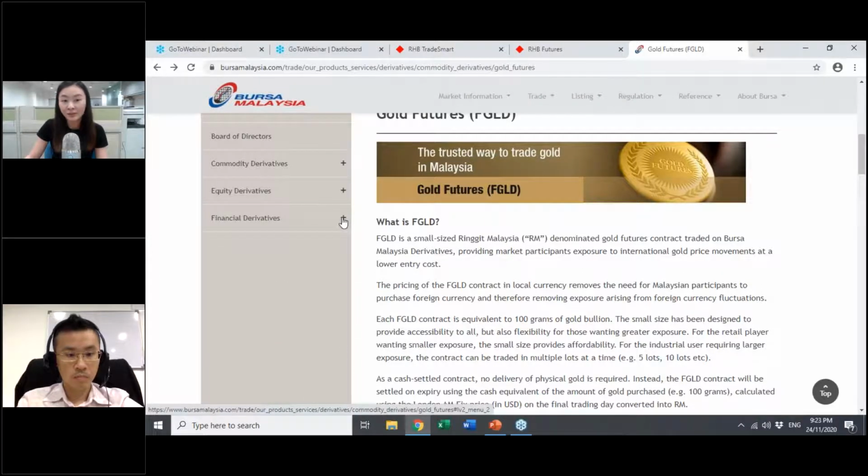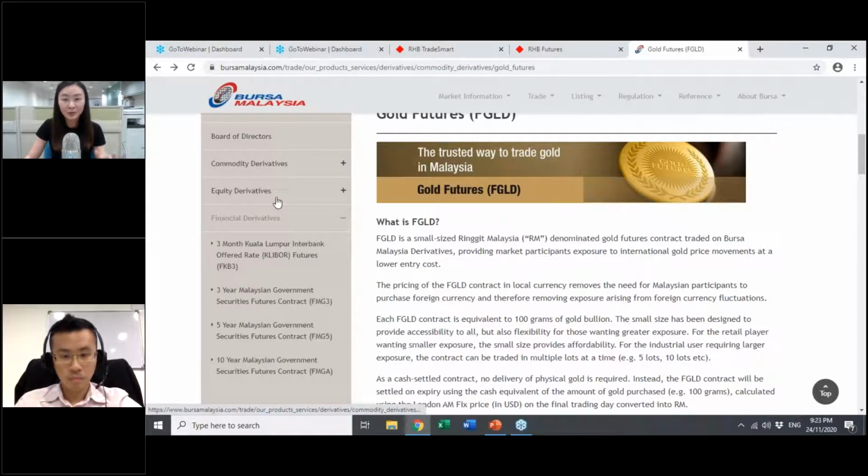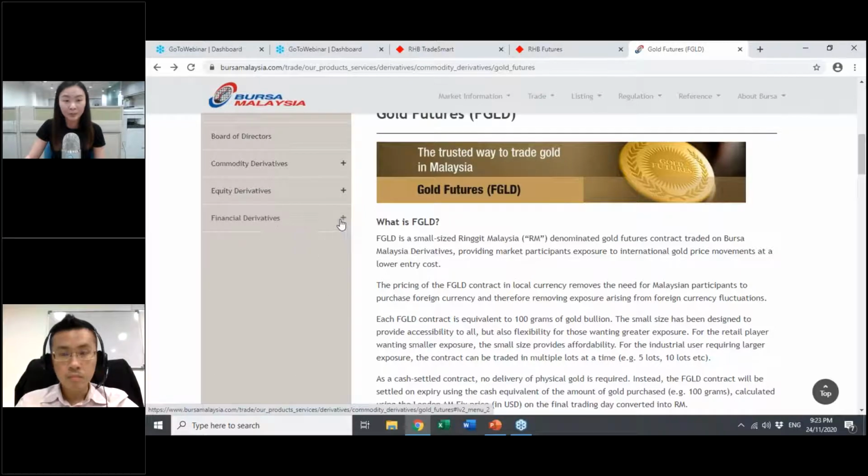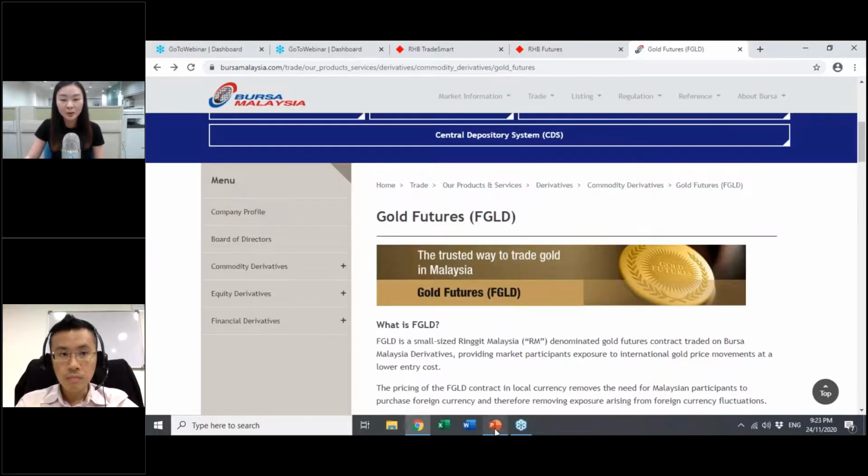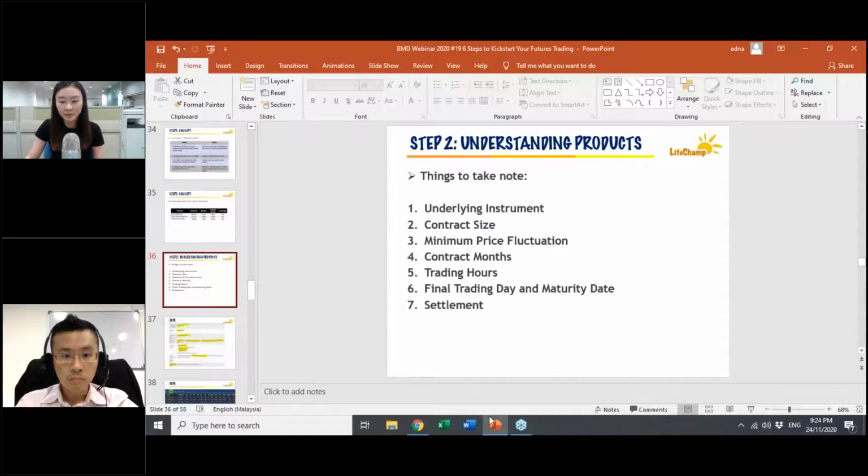And then we also have financial derivatives. All of this you can check from the Bursa Derivatives website. Now we go back to the slide and look at the products.